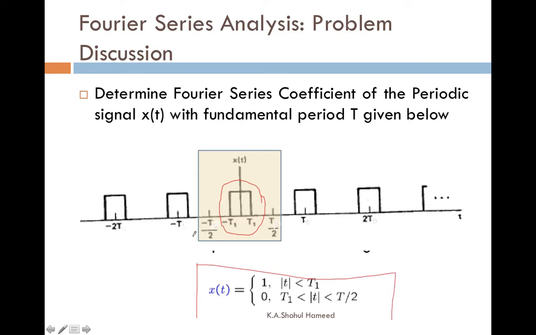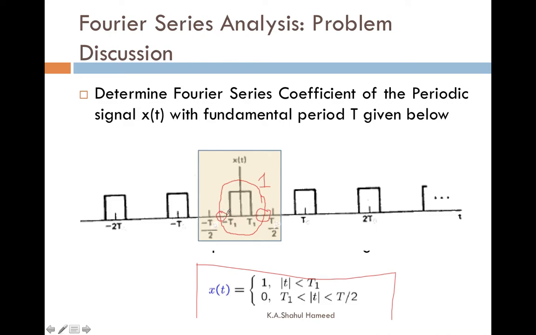This signal is defined over a small duration, that is minus T1 to plus T1, and the amplitude of the signal is 1. The rest is 0, that is minus T by 2 to minus T1, and T1 to capital T by 2.